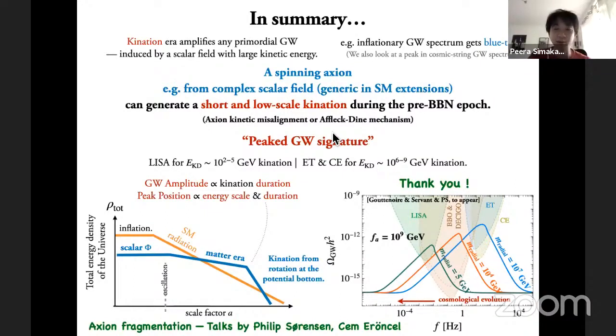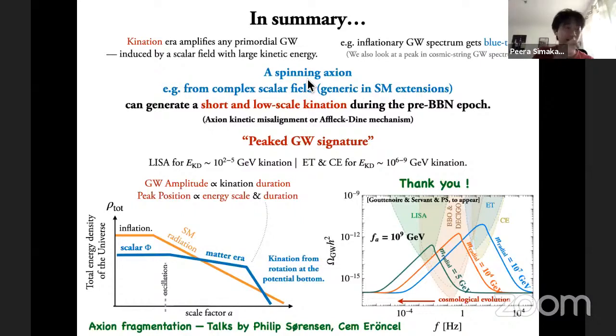Okay, so this will depend on how the axion behaves. One constraint would be the dark matter production from this axion. I guess this work only applies to the axion.